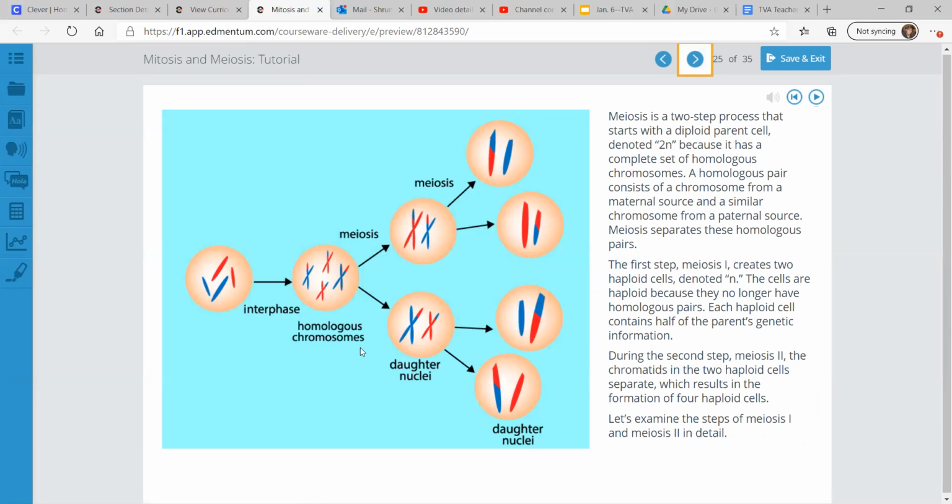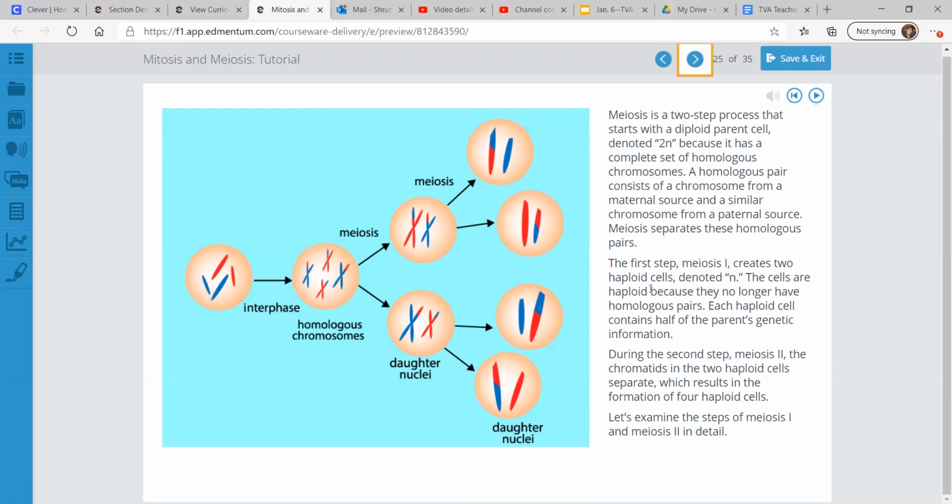And if that's confusing, the next few slides should clear it up for you. So here we have the different steps, and it's a 2-step process. It starts with a diploid parent cell, denoted as 2N, because it has a complete set of homologous chromosomes.